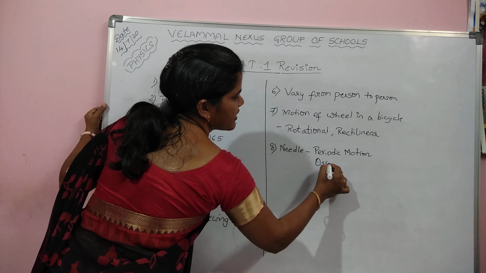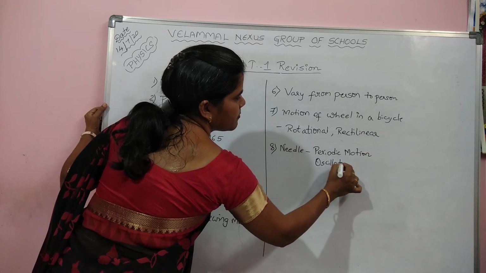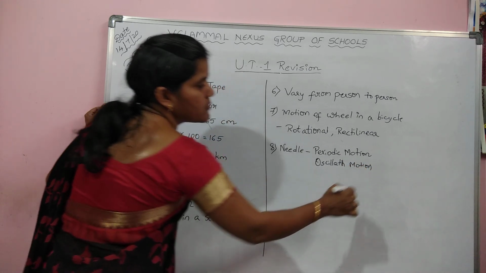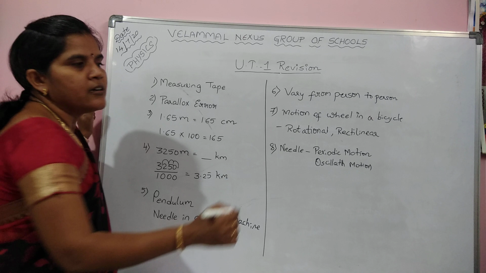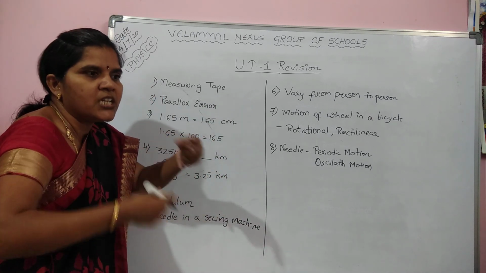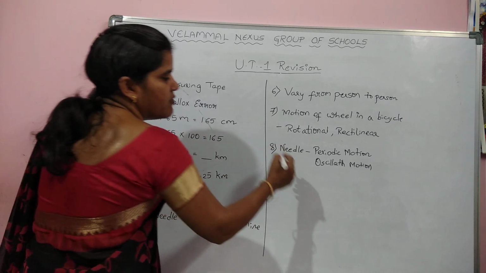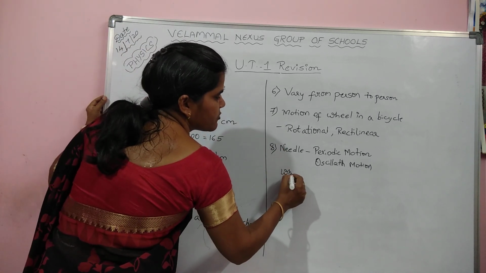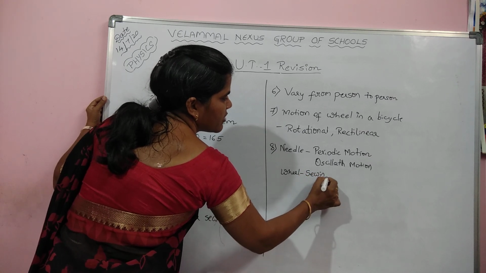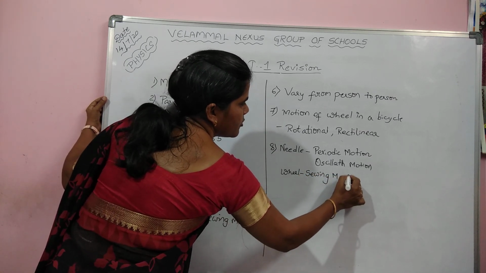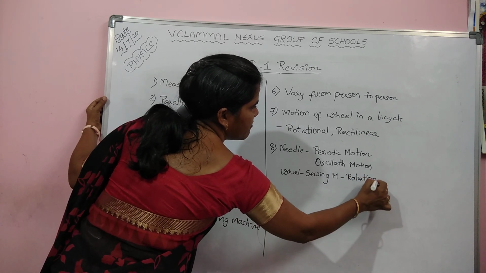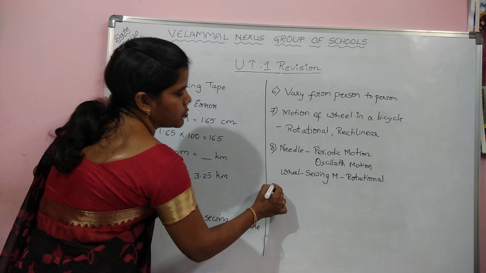Oscillatory motion also will be considered. And the wheel of the sewing machine, what will it be doing? Rotational. So the wheel of a sewing machine will execute rotational motion.